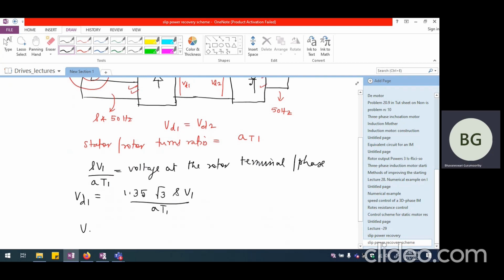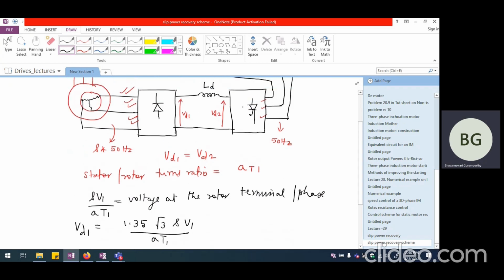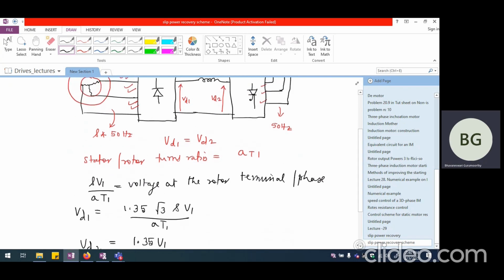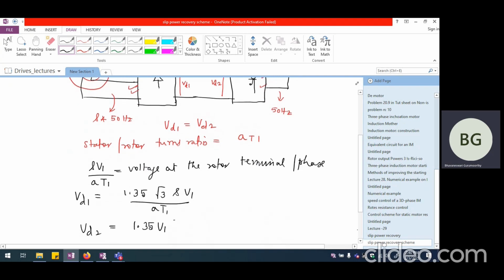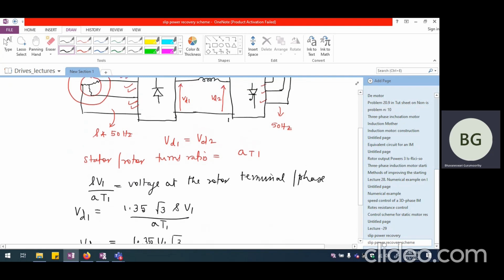Now VD2, I should be able to write this as 1.35 times root 3 times V1, because V1 is per phase voltage. That will be the voltage available with plus here and minus here if this thyristor converter had been working at alpha equal to 0.